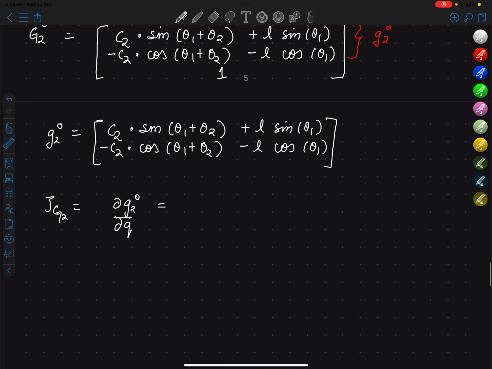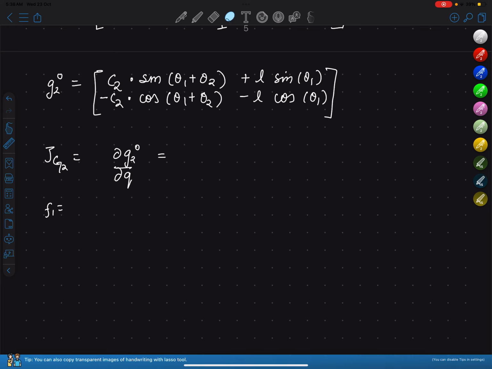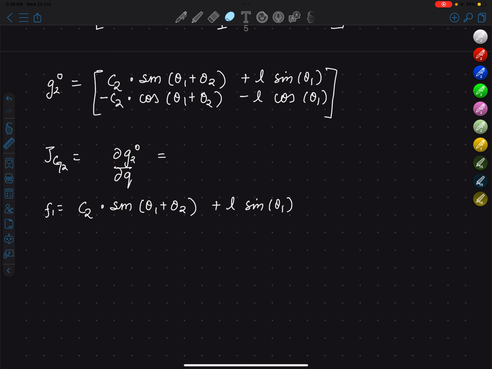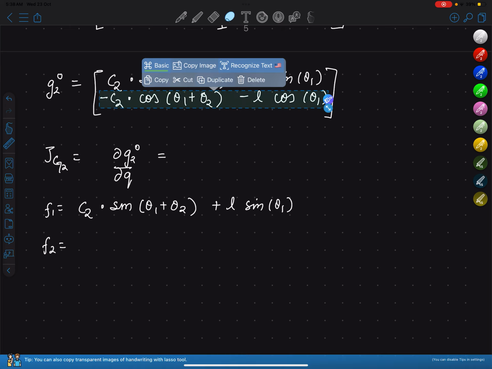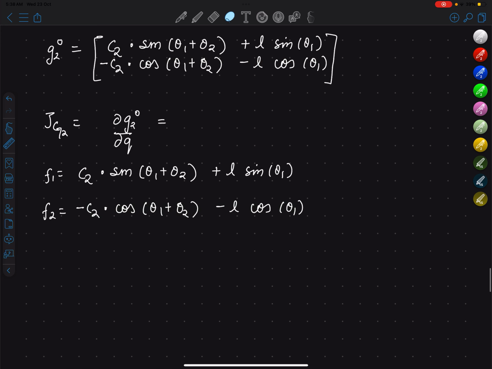Okay, so here F1 is, copy it, duplicate this, and F2 is again copy this part, this expression. Okay, so what is del F1 by del theta 1?